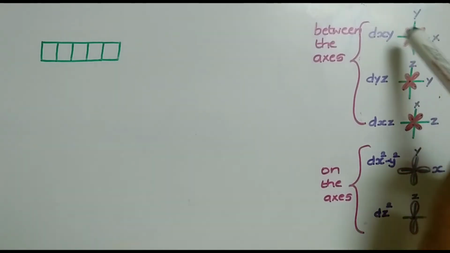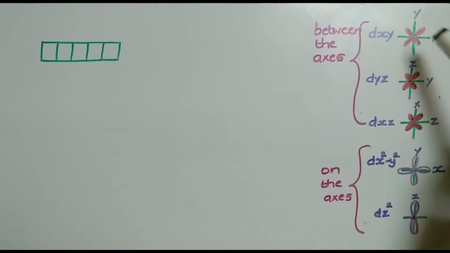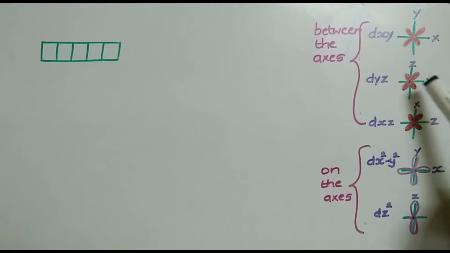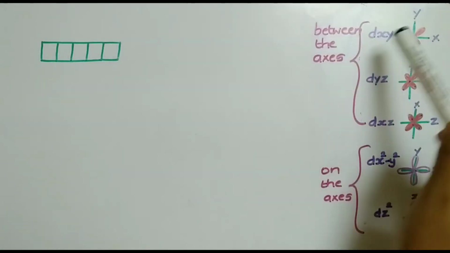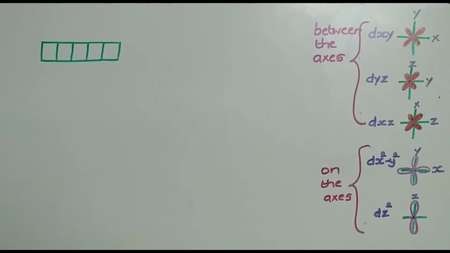You can see here the x axis and the y axis. The lobes are lying between the axes. Same way in dyz, between the y and z axis the lobes are lying. Same way in dzx, the lobes are lying between the axes. So, all the 3 are between the axes.